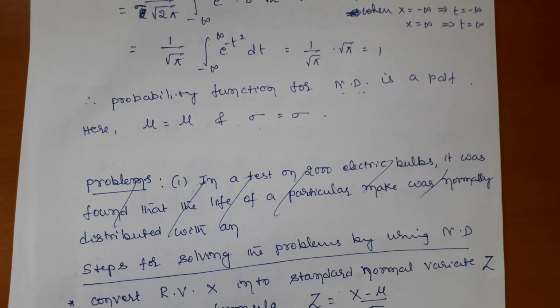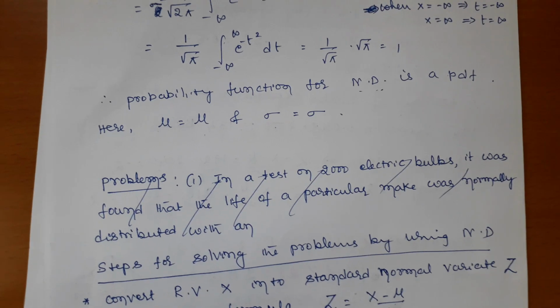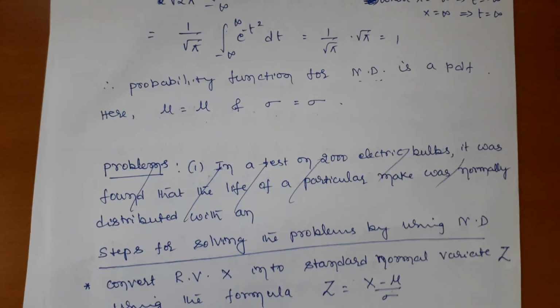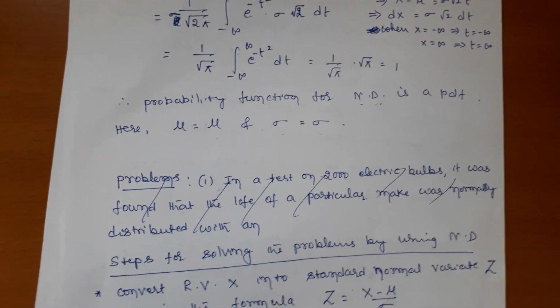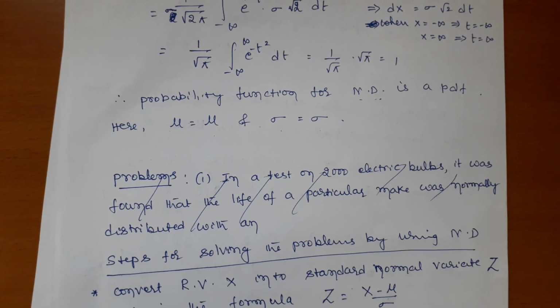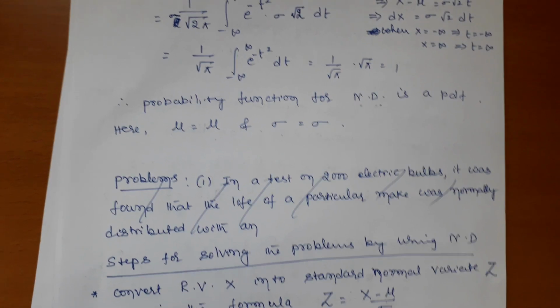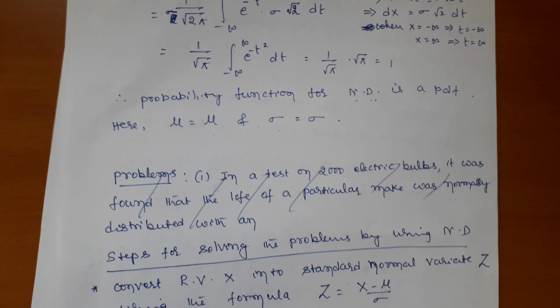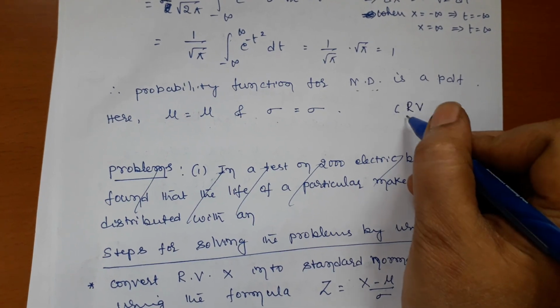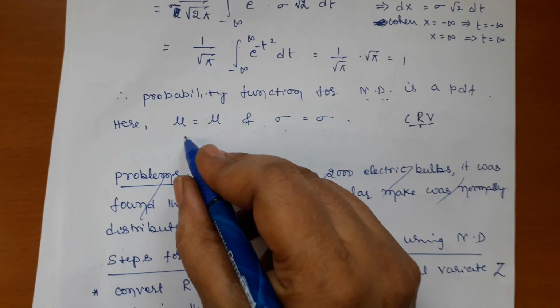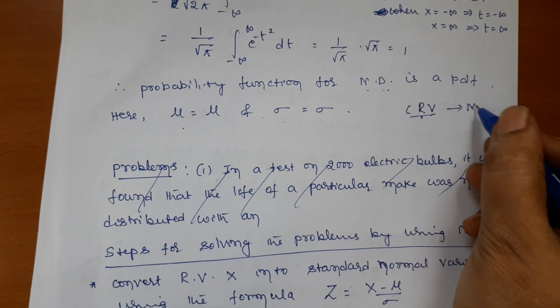This shows that we don't have any separate formula for finding the mean and standard deviation in the normal distribution. The formulas for finding mean and standard deviation in the continuous random variable distribution are themselves the formulas for the normal distribution.